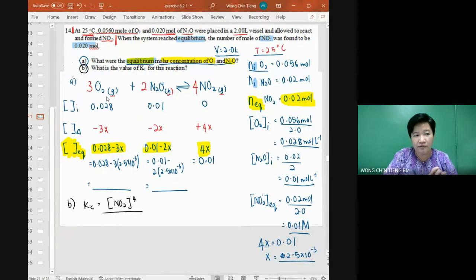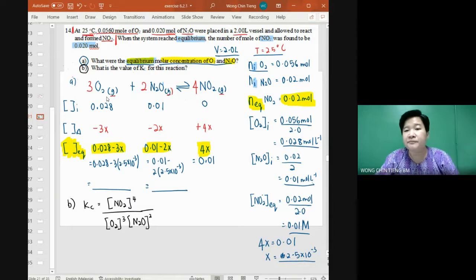And then you have your oxygen to the power of 3. And then you have your N2O to the power of 2. Kc, 1 mark. I am used to it. Kc, get marks. Must write it correctly. Okay, so that is your 1 mark already. You have your power 4, power 3, power 2. World problem. Press the calculator. Correct. Okay, good at using this.